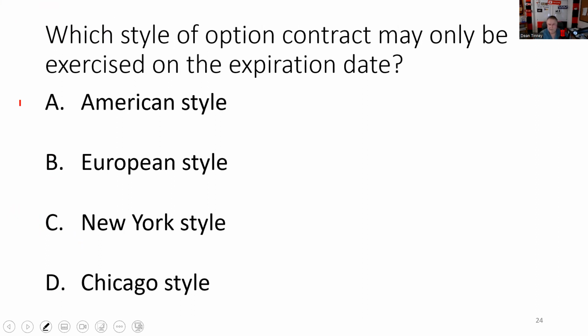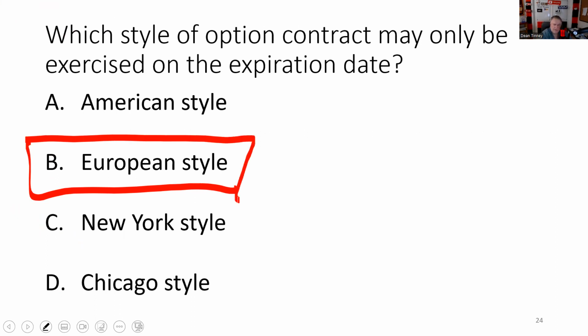Well, I think the last time we encountered this, it was American style. And we said the other style that you're held accountable for is European style. So if you're short an option contract and it's American style, one of the risks you have is the person can call the stock away from you anytime or put the stock to you at any time. But if you're short a European style option, then you don't have the worry that somebody is going to make you perform at any time.